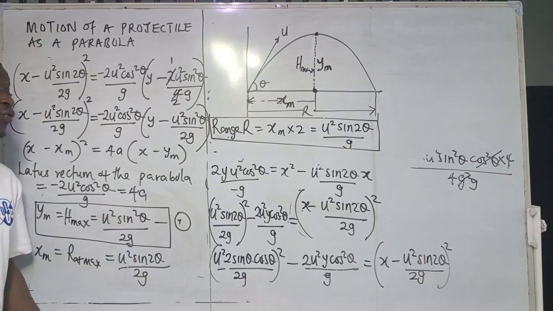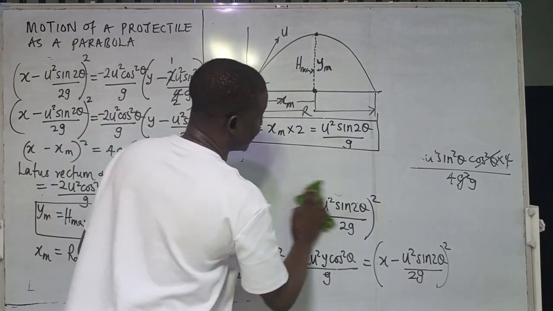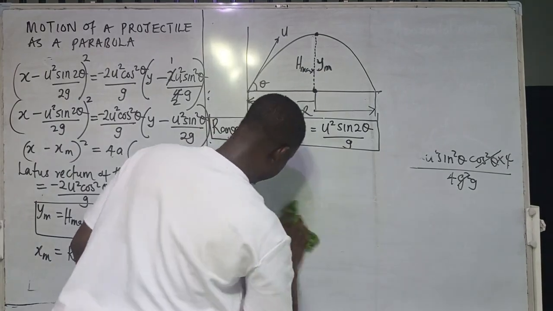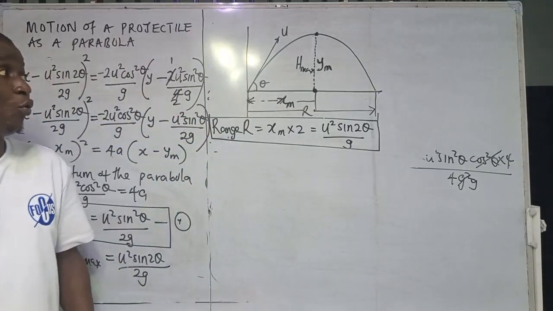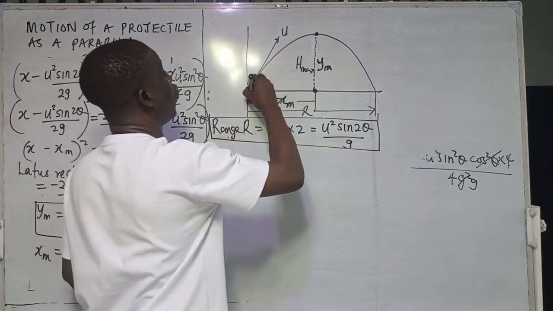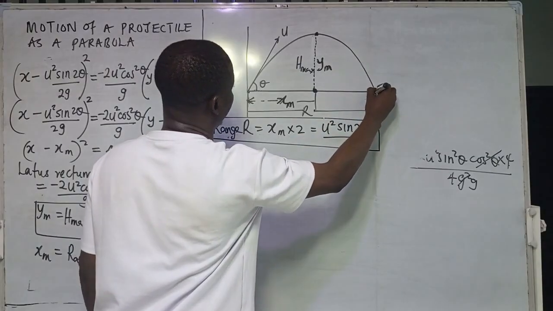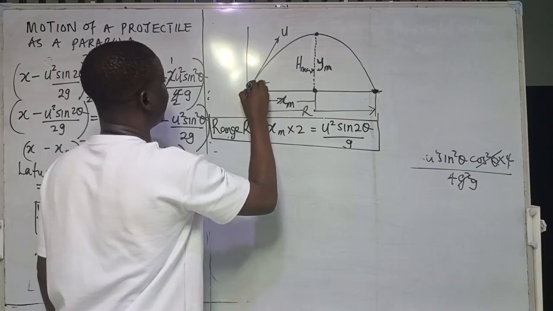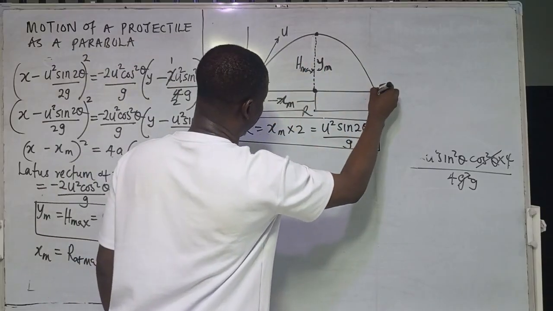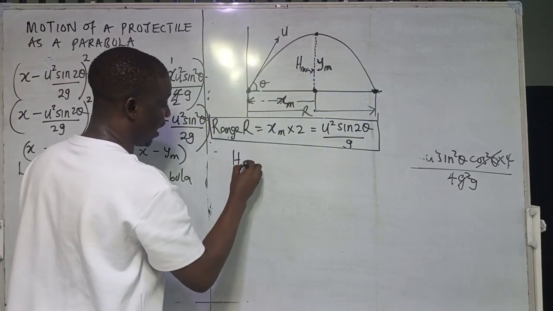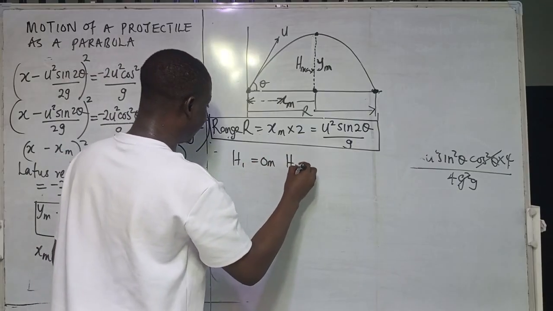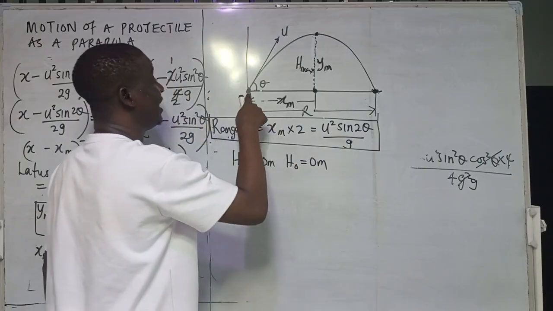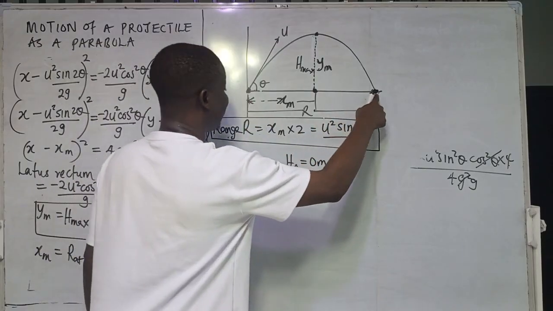Now, another thing again you must note, in this case you must know something here. The time to go and return is coming from the point of level of projection, returning back to the level of projection. So your H initial is equal to 0 meter, H final is 0.